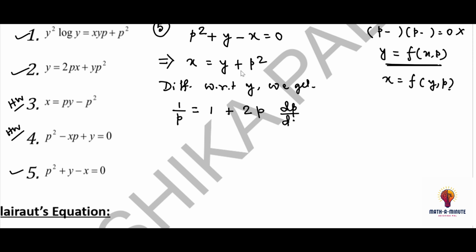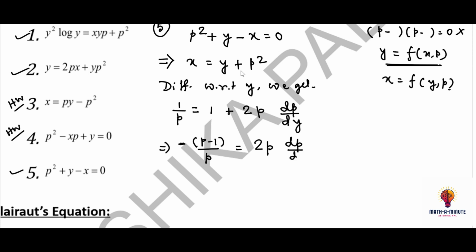Okay. Now we can write this minus 1 by p, so it will be 1 minus p, so we can write p minus 1 divided by p, since we are taking minus 1 common. And the right hand side will be 2p dp by dy.